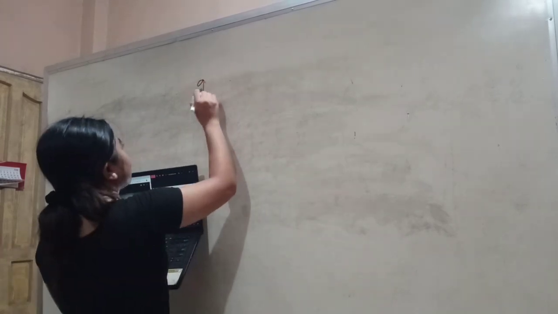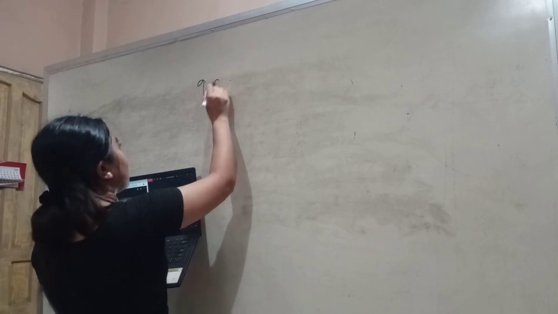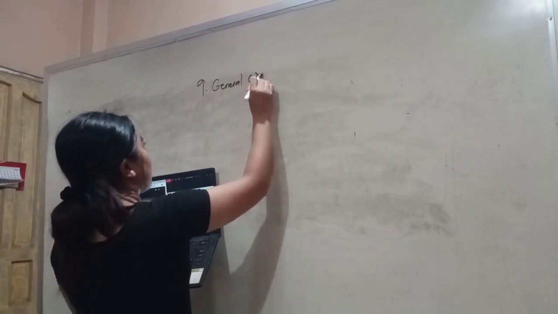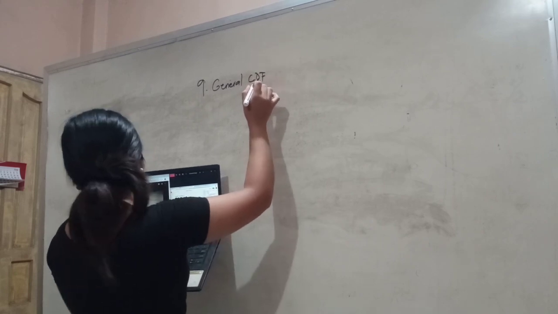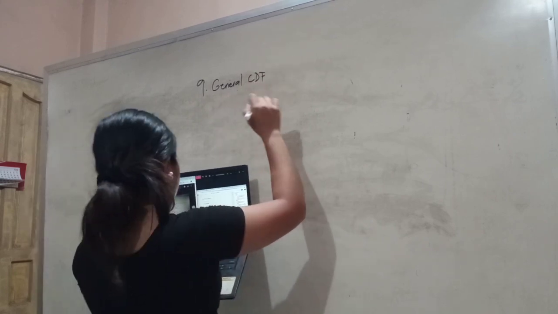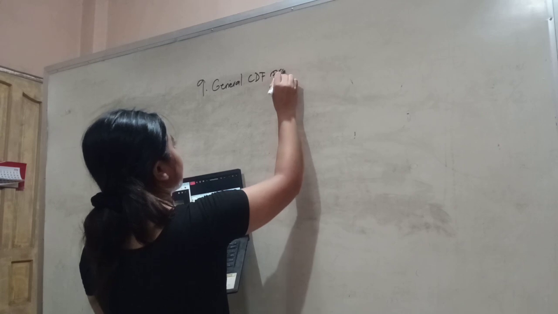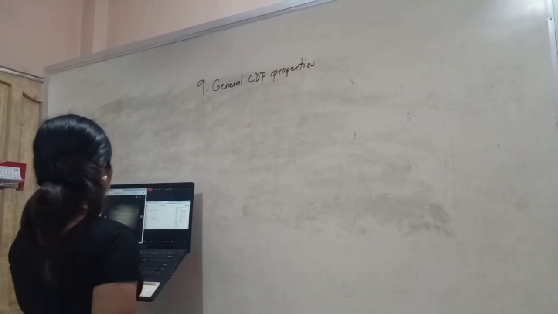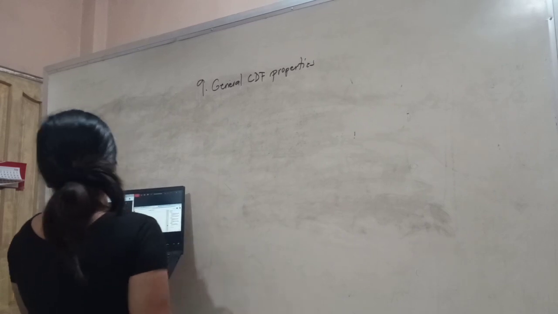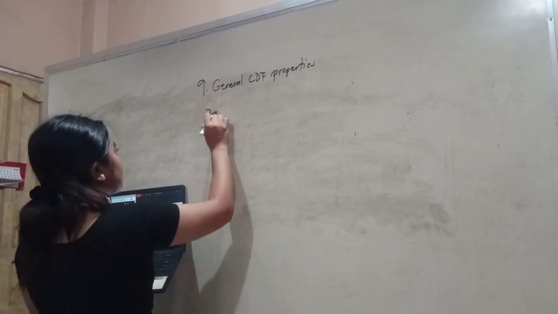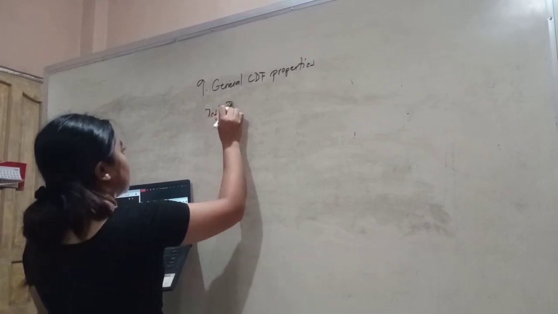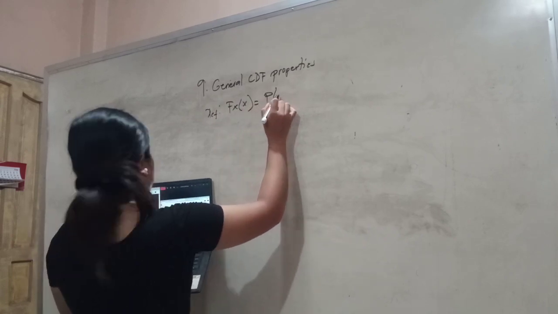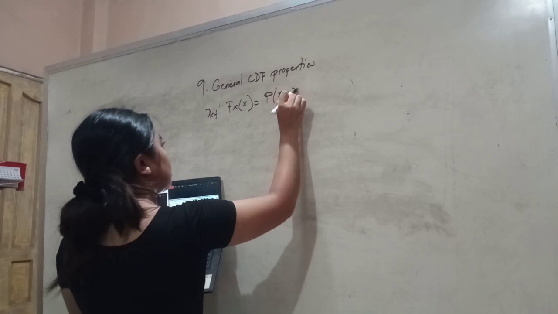Number 9, the general CDF, or cumulative distribution function, properties. The definition is F(x) equals the probability that X is less than or equal to x.